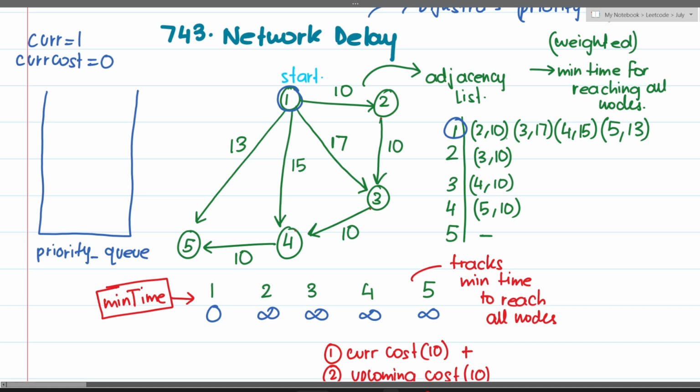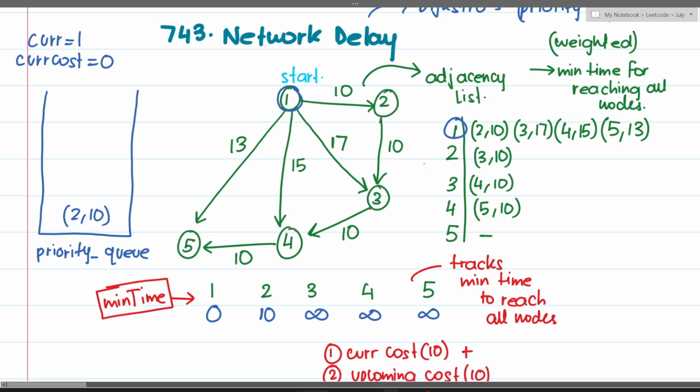Is that less than what the current time is at 2? That is, so I update this and then I push it into the priority queue, because this is an optimal path. This is a better path that I can explore. So I will push 2 comma 10 inside of here.